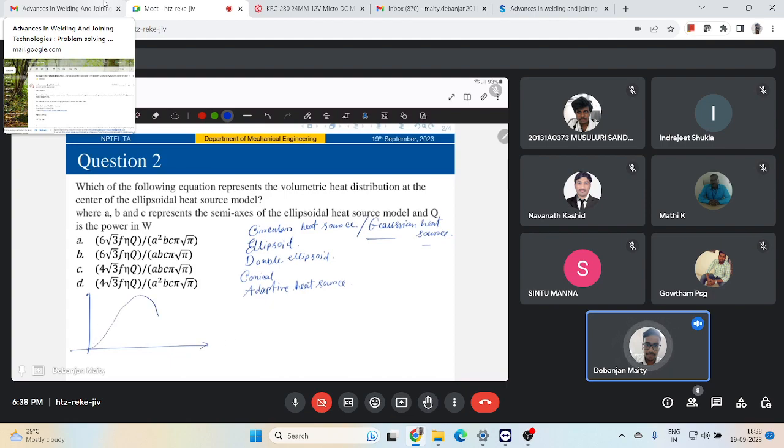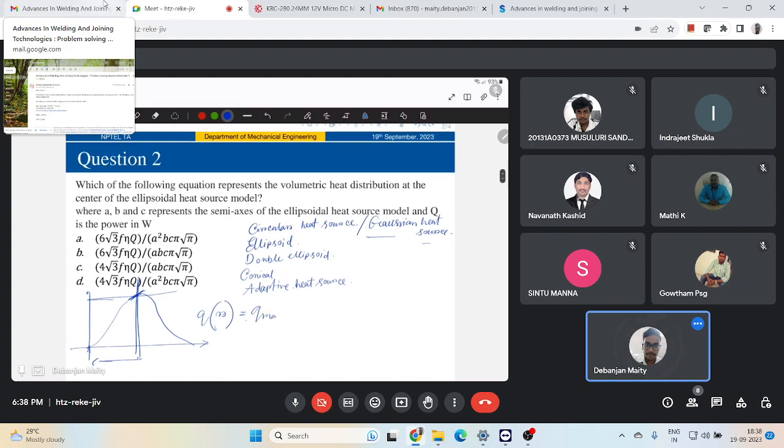It will follow a Gaussian distribution simply, right? So if Q is my heat flux, which is a function of the radius, then let's say this is my Q max, the max value at some particular radius, right? So Q(r) equals Q max times an exponential distribution, and C is some coefficient based on which you can measure how the distribution is spread over a location, right?